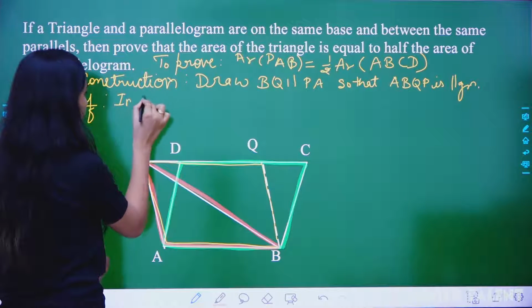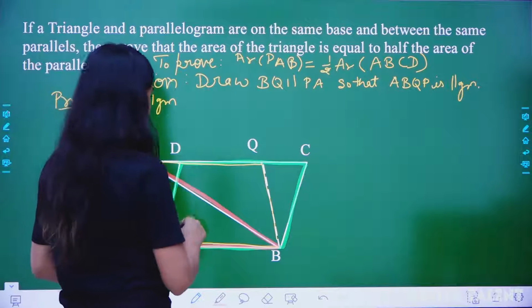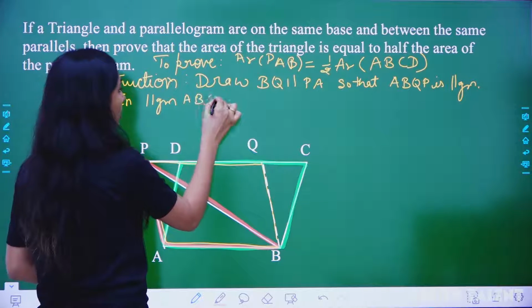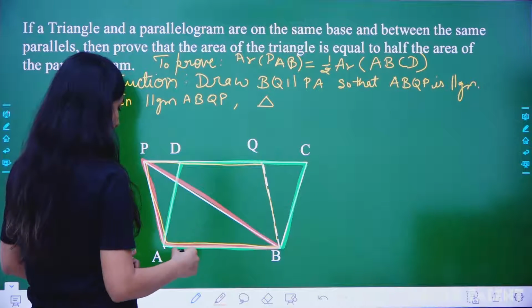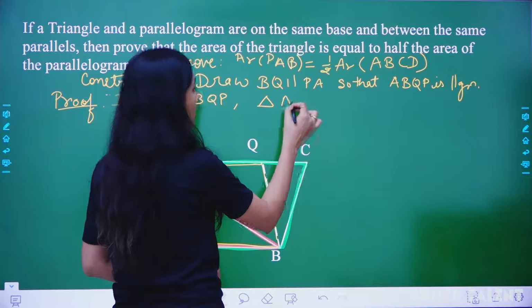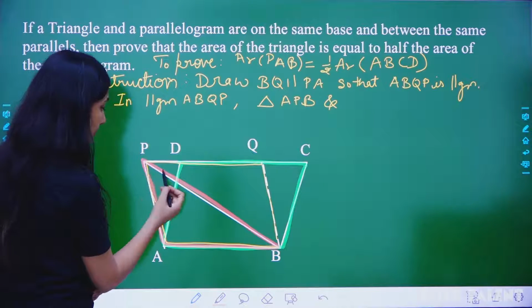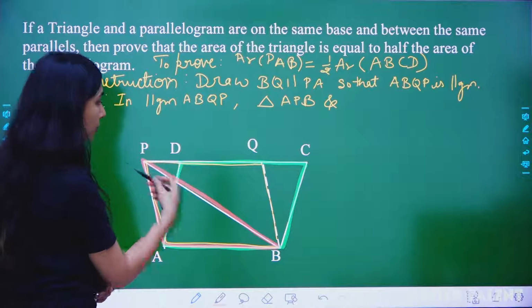In parallelogram ABQP, triangle APB and triangle APB have been taken, so we will be taking QPB.